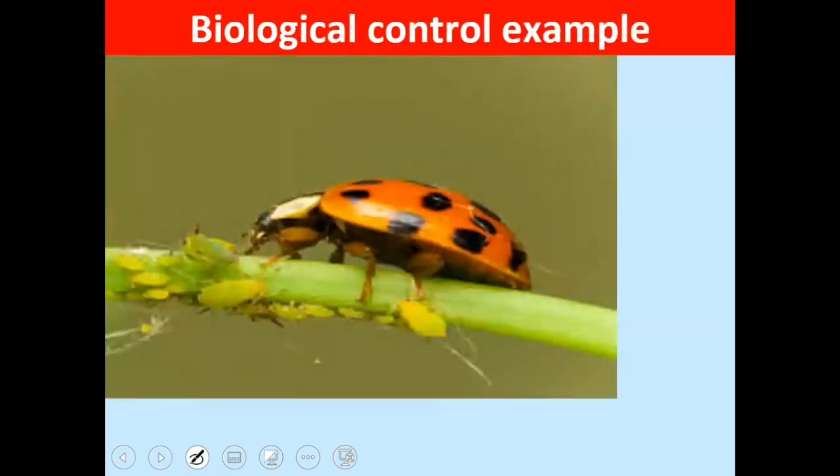So, a good example that I like to give you is we have a ladybug over here, and we have aphids. Aphids basically suck nutrients from plants, and that includes sugar too, glucose.